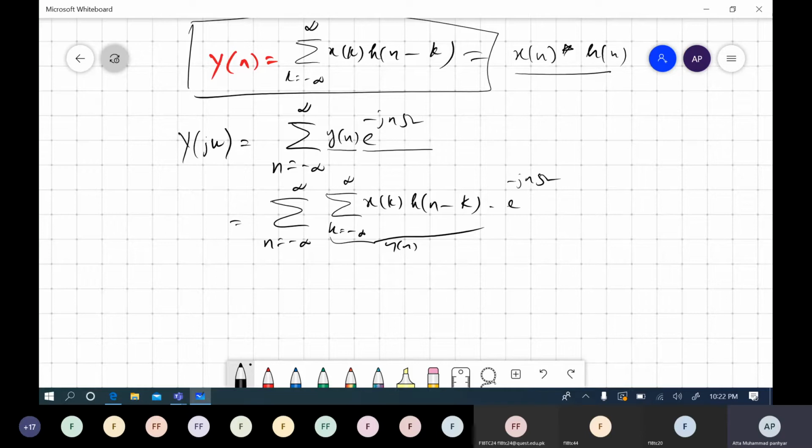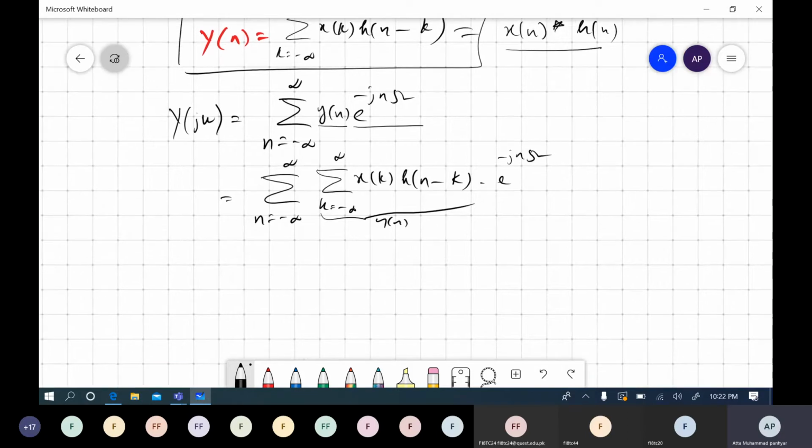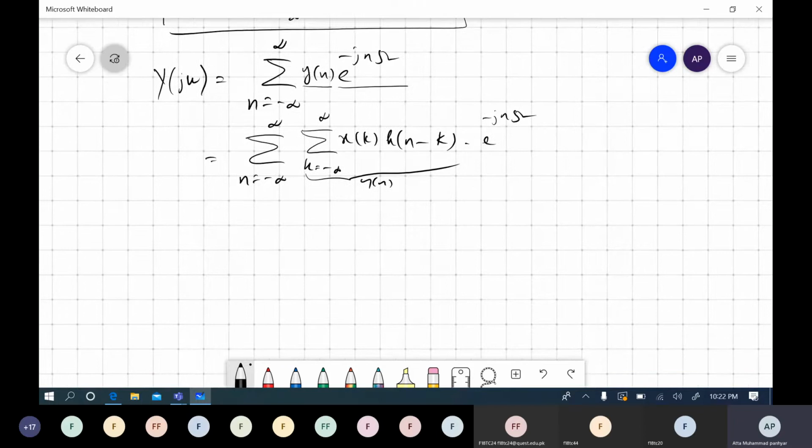Now, if we interchange the summation, can we write this as k from minus infinity to infinity, x of k, summation n from minus infinity to infinity, h of n minus k e to the power minus j n omega? Because this summation only sums k's values, so no n is involved in x of k, so we took it outside, and in this summation all variables related to n are available here.